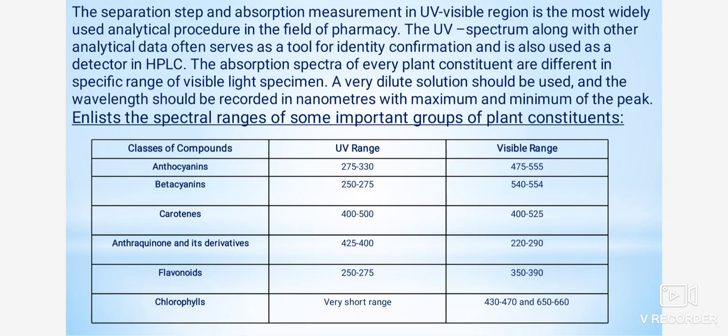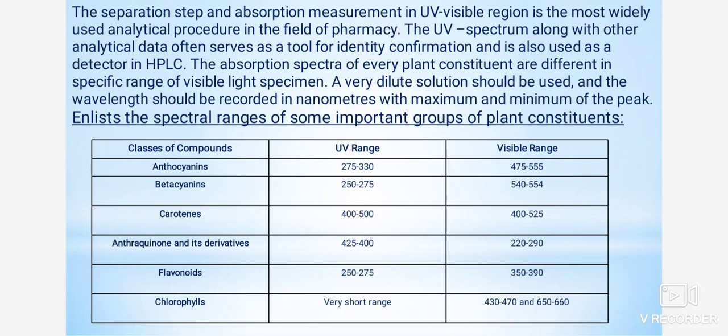The absorption spectra of every plant constituent are different in a specific range of visible light. A dilute solution should be used and the wavelength should be recorded in nanometers with the maximum and minimum of the peak.